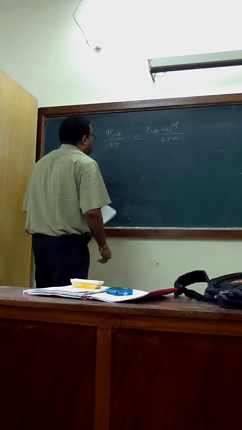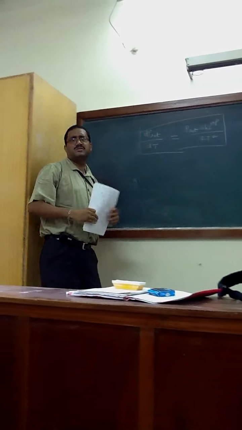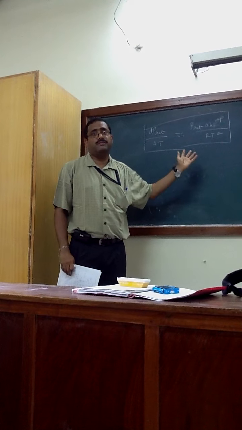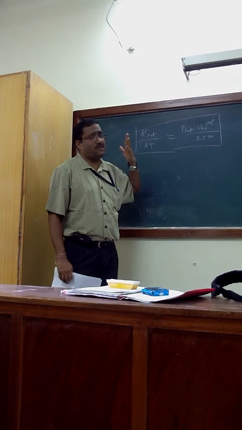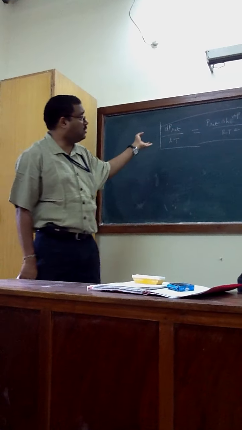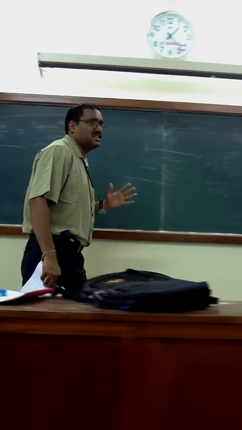Then you have to integrate. You might have seen this equation earlier. These are the fundamentals. It is a vapor-liquid equilibrium, and vapor volume is much higher than liquid volume. If not, then you have a different sort of equation. And the system pressure is sufficiently low.